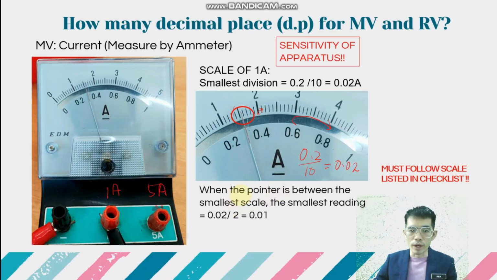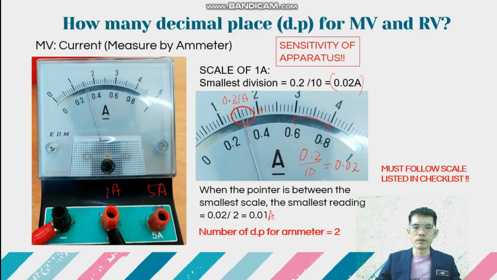When the pointer is between the smallest scale divisions, the smallest reading is 0.02 divided by 2, which is 0.01 ampere. So we can read up to 2 decimal places, and the reading will be 0.31 ampere. We can conclude that the decimal place for this ammeter should be 2 decimal places.